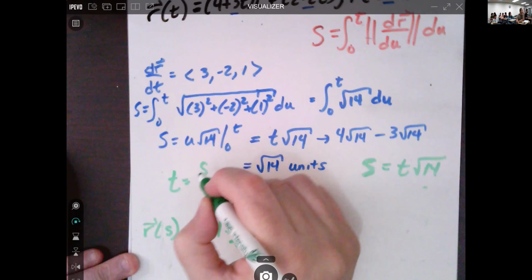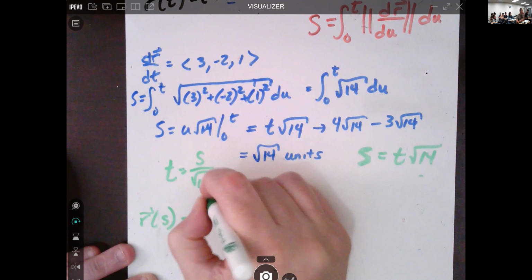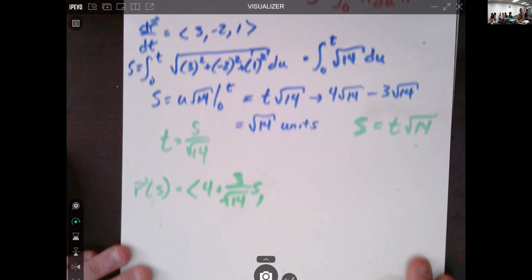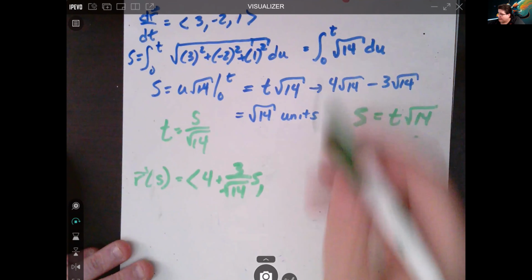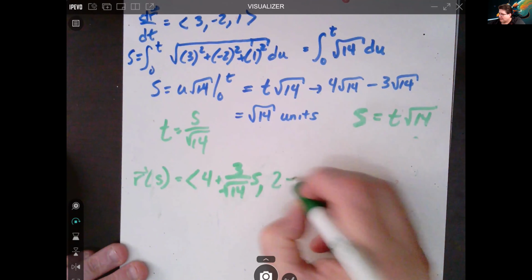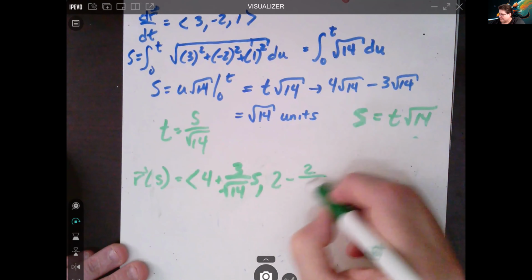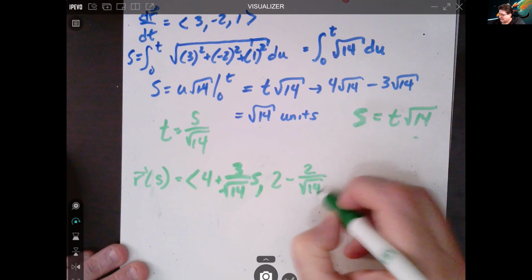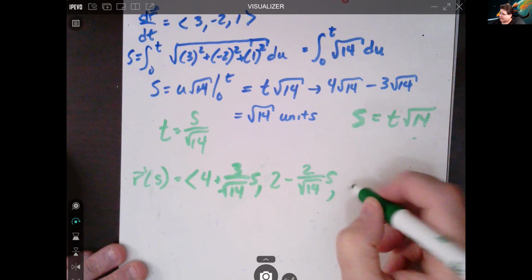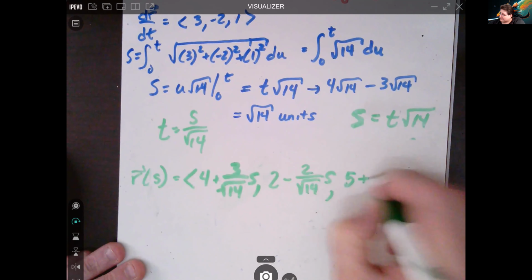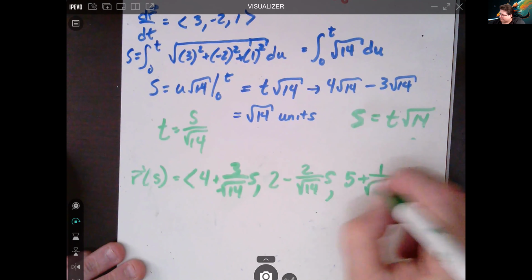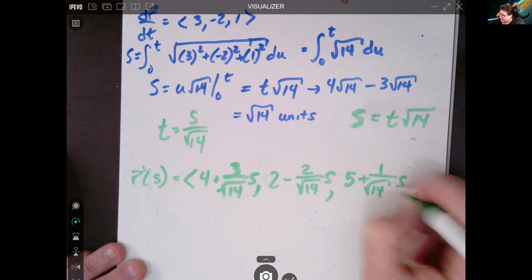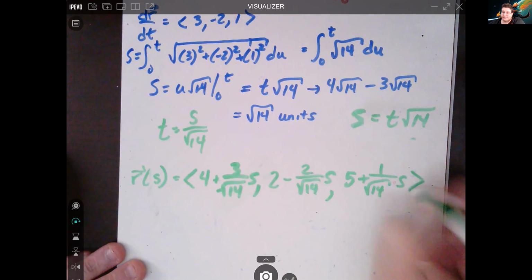There you go. And we got 2 minus 2 over root 14 S. And finally 5 plus, to keep the writing similar, 1 over root 14 S.